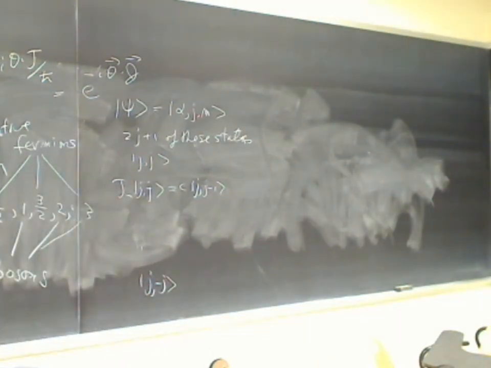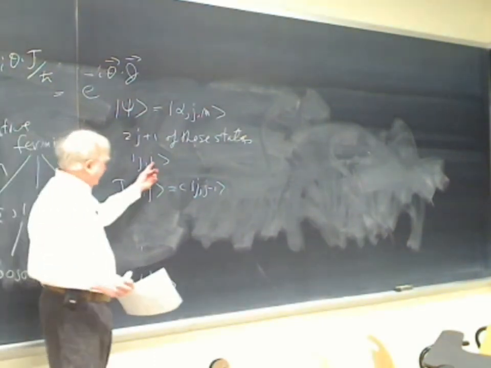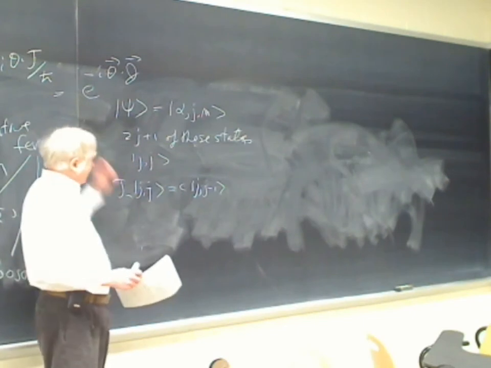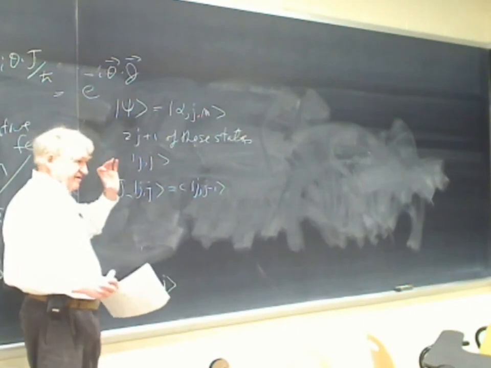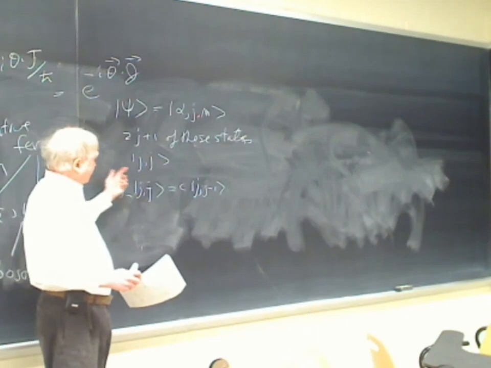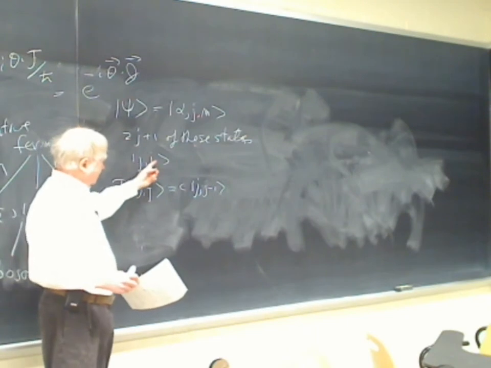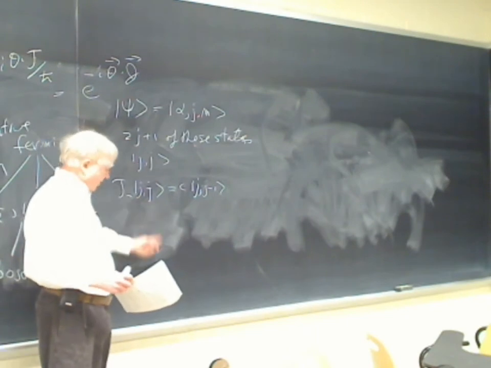So if j is 0, there's only 1. If j is a half, like for the electron, simply the spin part of the electron, then you have 2 states, namely 1/2 and minus a half. If you have a massive vector particle, then you have j equal 1, and you can have m equal 1, 0, or minus 1.